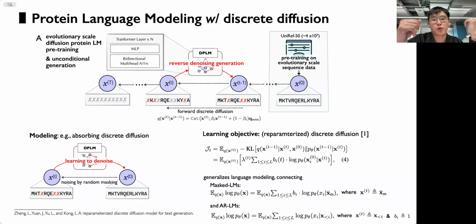In our preliminary study, we tested different kinds of discrete diffusion, including uniform or multinomial diffusion and others, and we found that absorbing diffusion performs the best, so we pay more attention to absorbing diffusion.